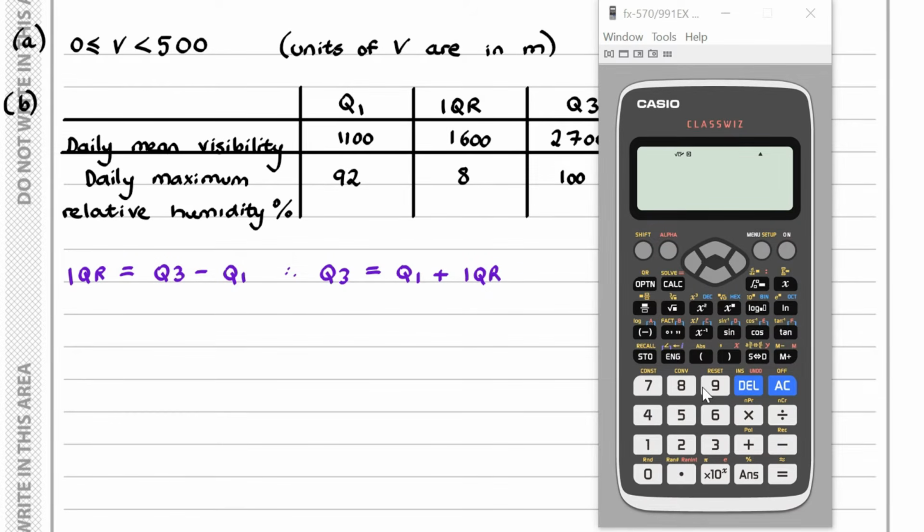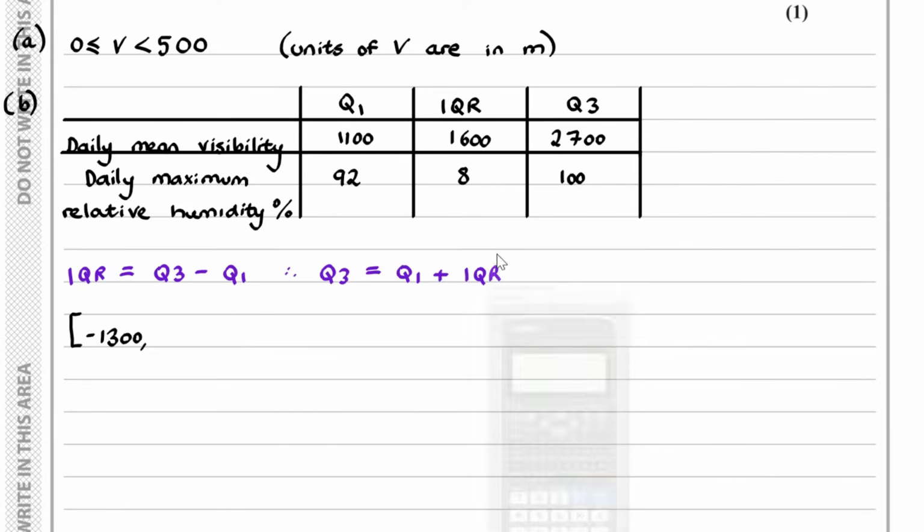So we have for our lower limit essentially 1100 minus 1.5 times 1600, which is minus 1300. So here we have minus 1300 for essentially our lower limit, and for our upper limit we have 2700 plus 1.5 times 1600. We end up with 5100.